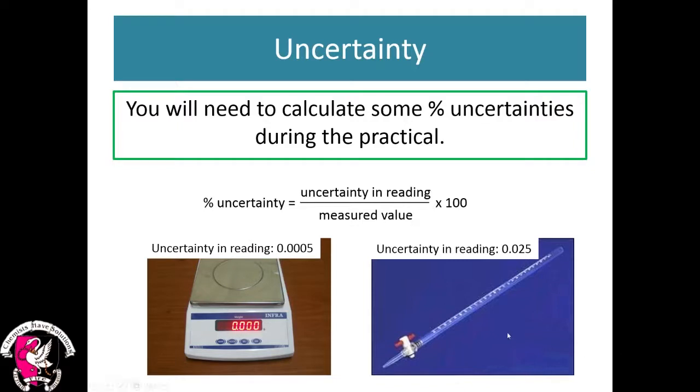Say you added 20 centimeters cubed, then you'd do 0.025 divided by 20 times 100, and then you multiply that whole percentage by 2, because you're taking the uncertainty from the initial reading and then the final reading. It's very important to do uncertainties for your measurements because it allows you to say with confidence that the true value lies within that range. It's also very good when you're plotting graphs, because you can then see how your data falls and lines of best fit, etc.